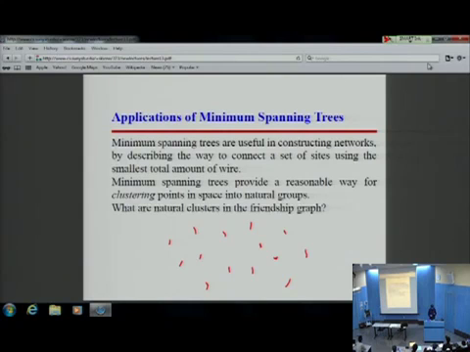So if the edge costs are going to be the cost of connecting those two houses by a wire, what is natural is the tree to connect them so that they can all share a signal. Let's say one of these points is the source signal for the television.